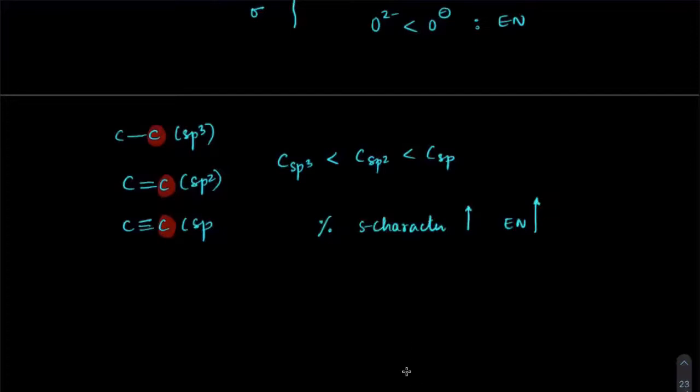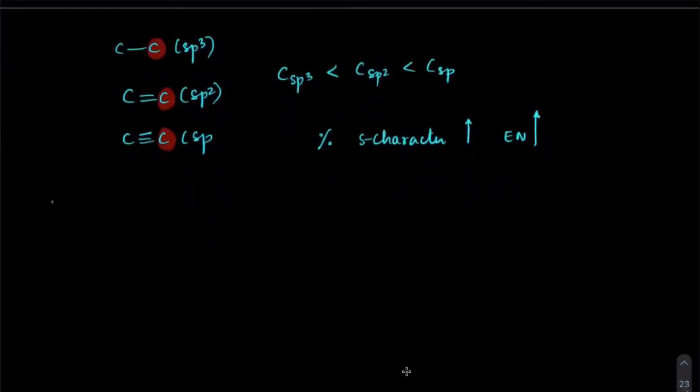Pauling scale is the most useful scale which measures the electronegativity.